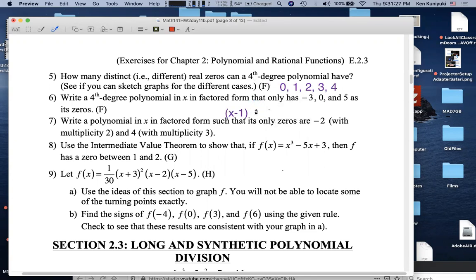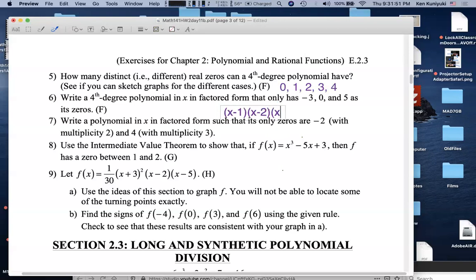All right. What about 2 distinct real zeros? x minus 1 and x minus 2 multiplied together. Maybe this is cubed, for example. This is the first power. This is cubed. And that ends up being 4th degree.